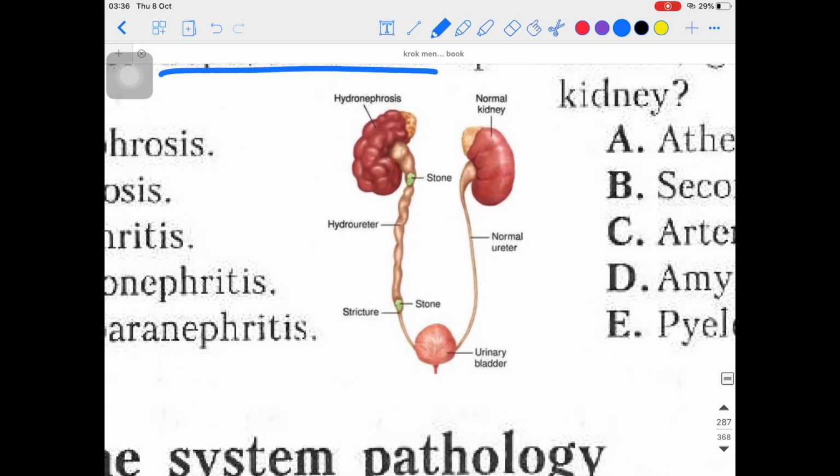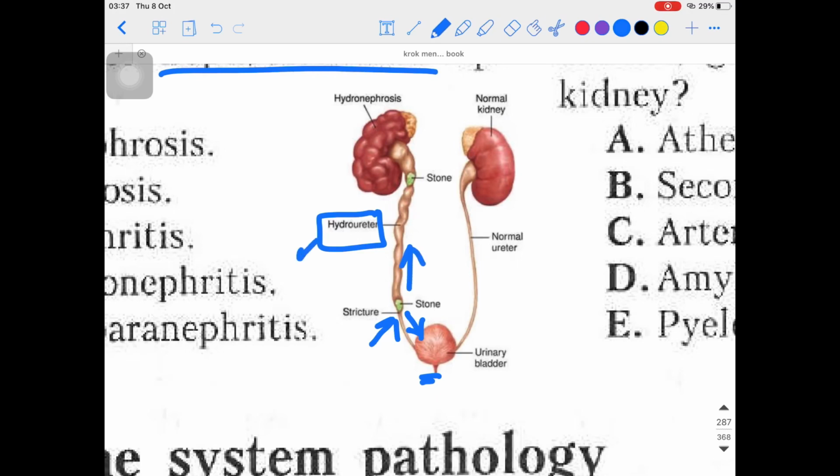If the stone is present over here, there will be hydroureter as well, because due to that stone no urine is coming to the urinary bladder, which actually should have come, but backflow of the urine happens.